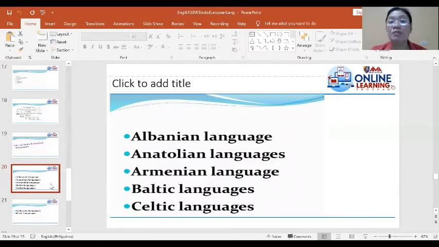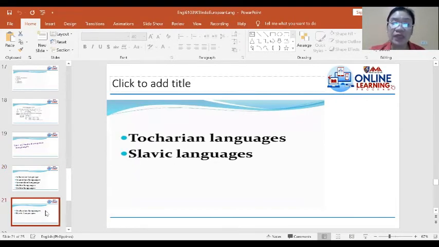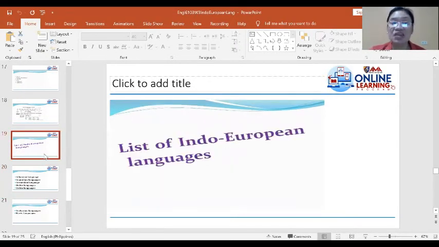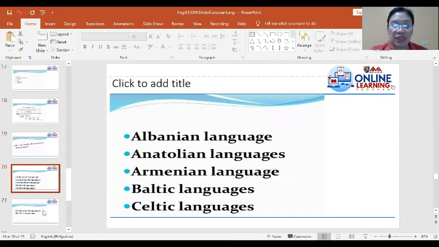Again, these are the Albanian language, Anatolian language, Armenian language. We have the Baltic language, the Celtic language, the Tocharian language, and the Slavic language. So again, this is the list of the Indo-European languages.